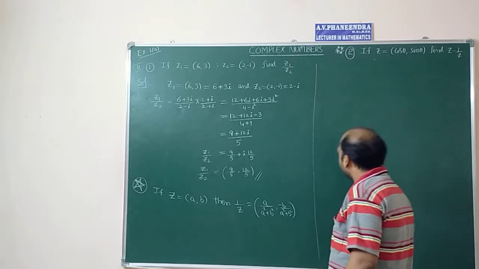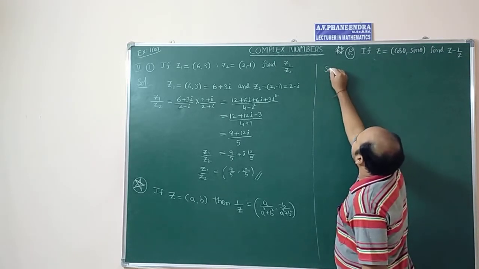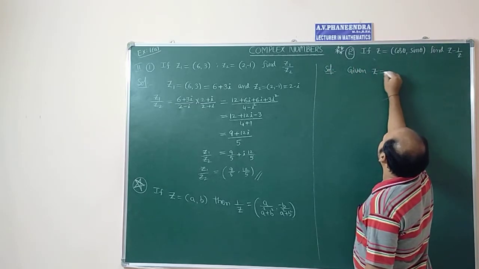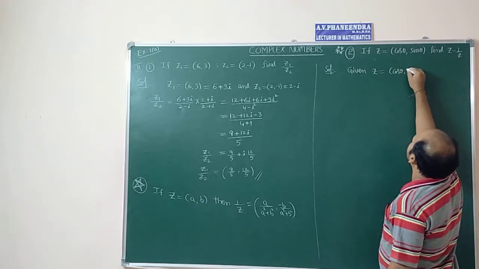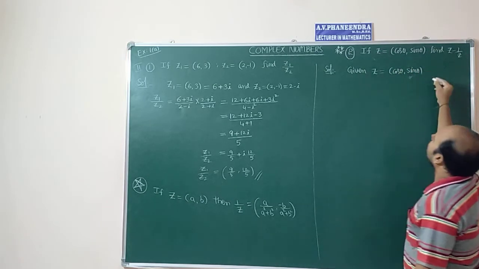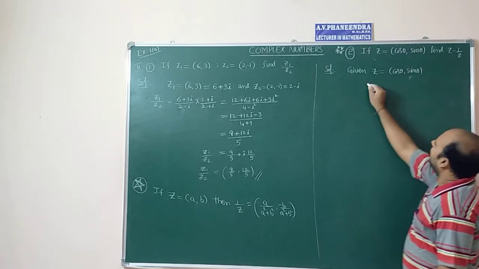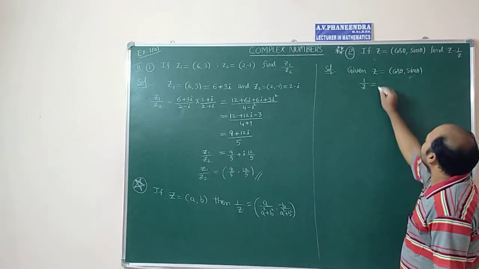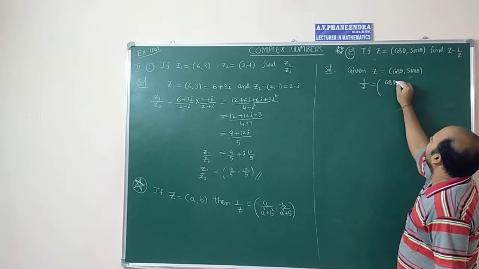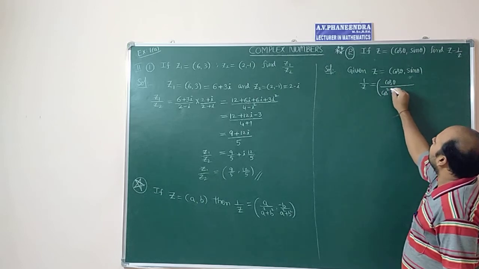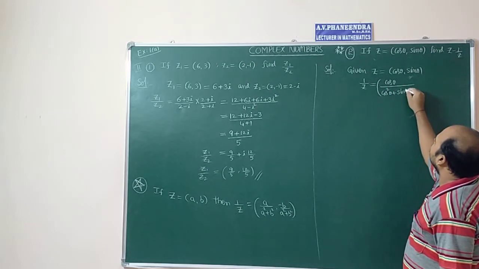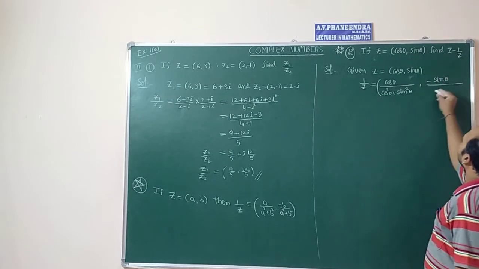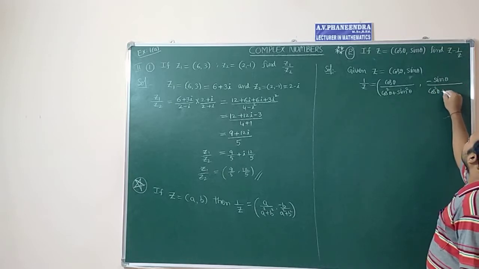This is important for 2 marks. Here given Z is equal to cos theta comma sin theta, and 1 by Z is equal to, according to this formula, cos theta divided by cos square theta plus sin square theta comma minus sin theta divided by cos square theta plus sin square theta.